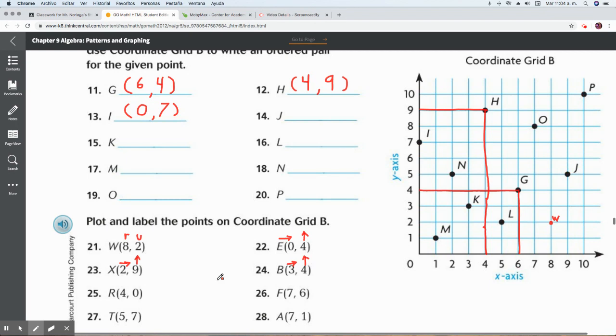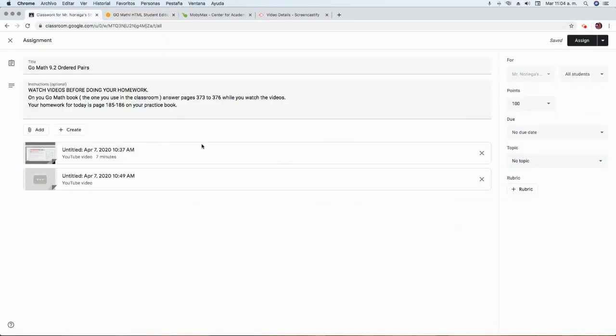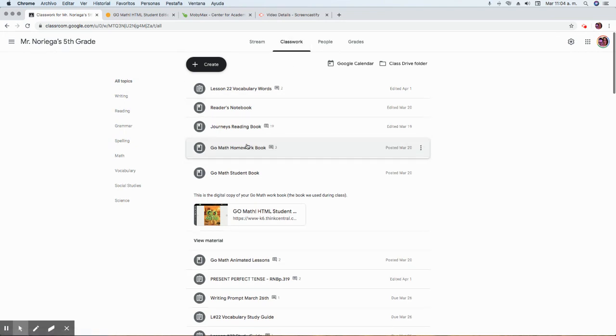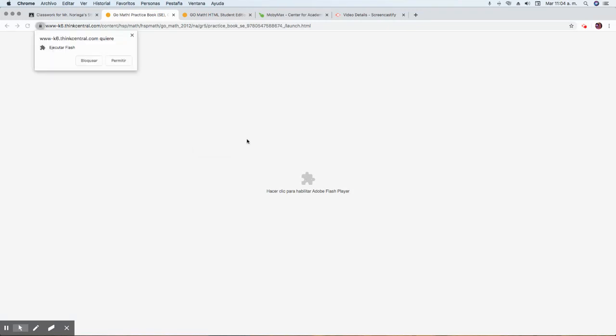Your homework assignment will be in your working book. Let me see if I can find it here. Okay, the Go Math homework book. Remember that you have the option of opening it here in your browser.